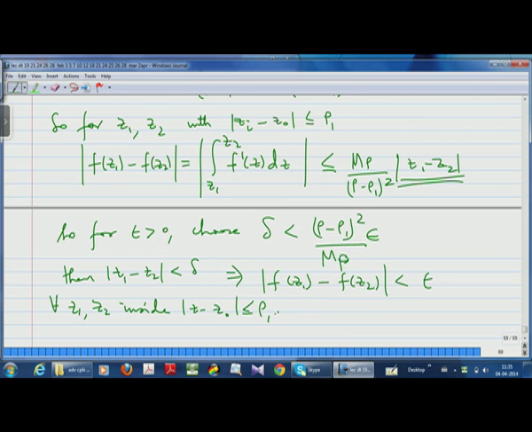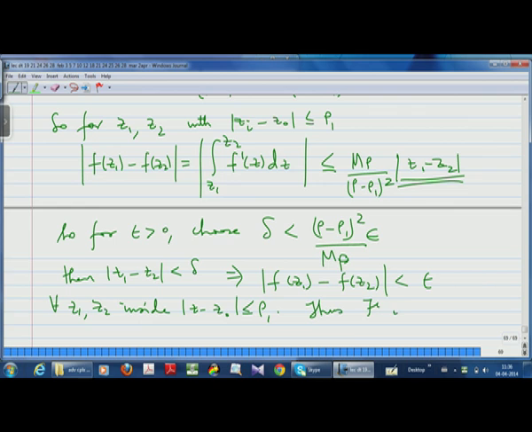So what you have shown is that given any 2 points, the moment 2 points inside the smaller closed disk are lesser than delta apart, the function values are lesser than epsilon apart, and this works for any 2 points and for any function. So you have shown a kind of uniform equicontinuity of the family inside the smaller closed disk.